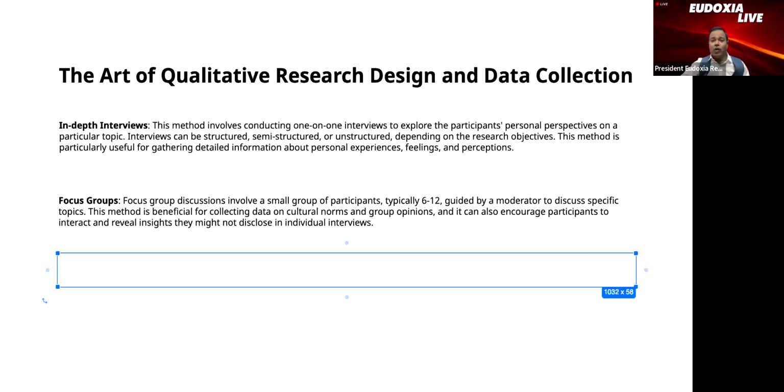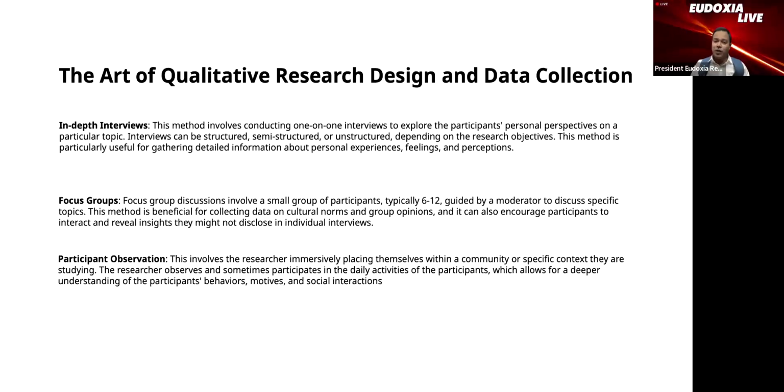So what we call participant observation, we need to understand. Now you see that the researcher can place themselves within a community, within a cultural group, or any specific context they are studying. Really interesting.